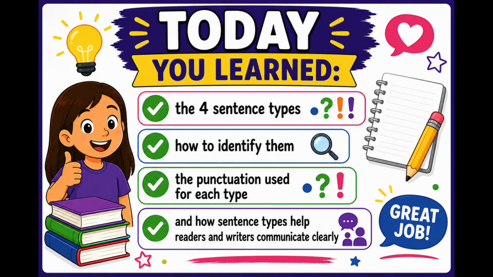Today you have learned the 4 sentence types, what punctuation they end with, how to identify them, and how the sentence types help readers and writers communicate clearly. Remember, strong readers and writers pay attention not only to what the sentence says, but how it is used in the passage in relationship to other sentences, how it helps build the bigger meaning of the passage.